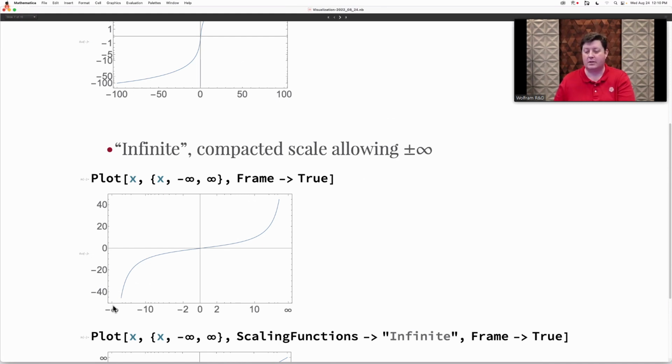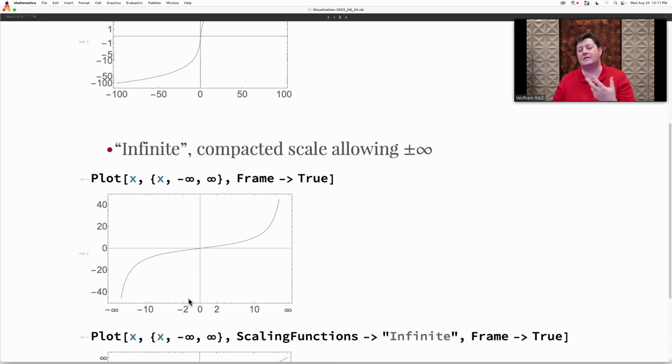But you can see that the x scale includes minus infinity, and it includes infinity, and there's a lot of range in here between minus 10 and minus infinity, or between 10 and infinity, compared to 0 to 10, say. And there are some ways of controlling how much of a more linear scale you see in the middle here, and how much is pushed out to the edges.